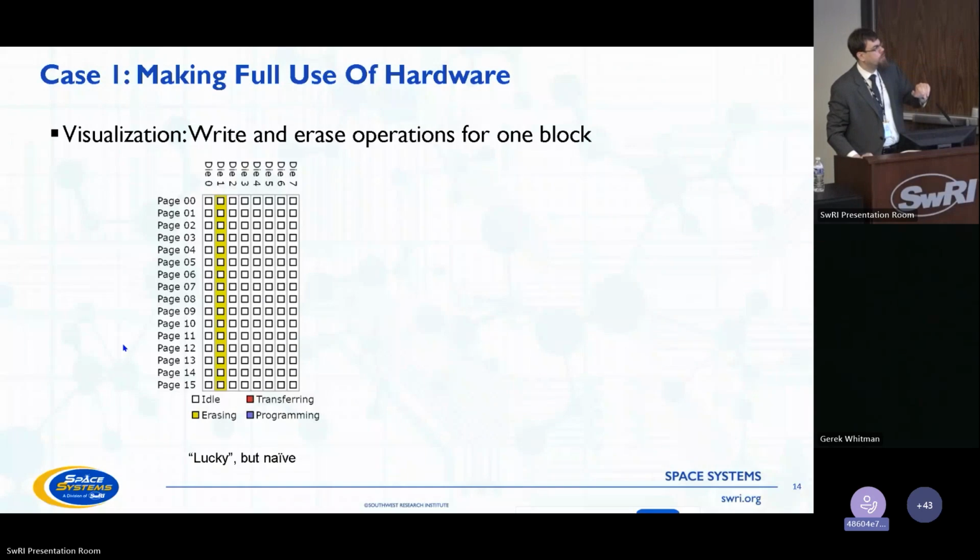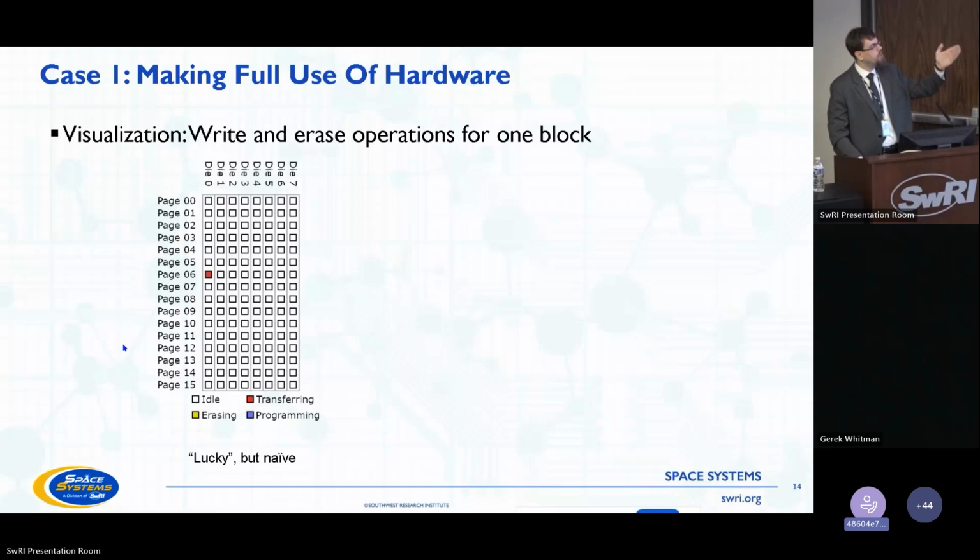This is a very simplified version of one block. And we are writing data repeatedly to each successive memory cell until we fill out the entire block. So red, following the color convention from earlier, is transferring data. We are putting data onto the die, or onto the device. We then have to perform a blue operation afterwards because we need to burn in that data.